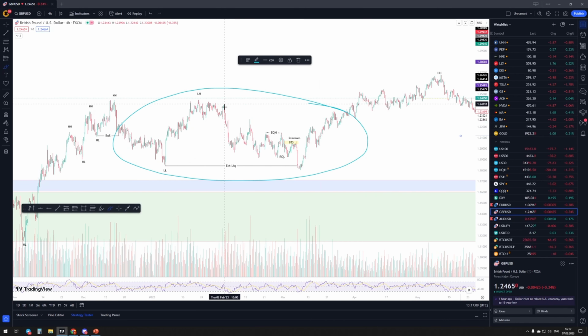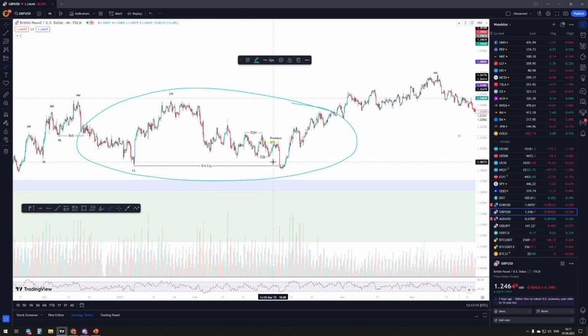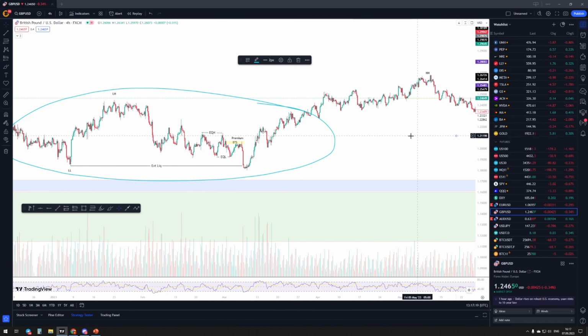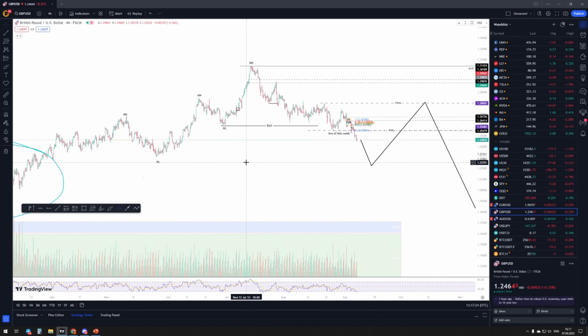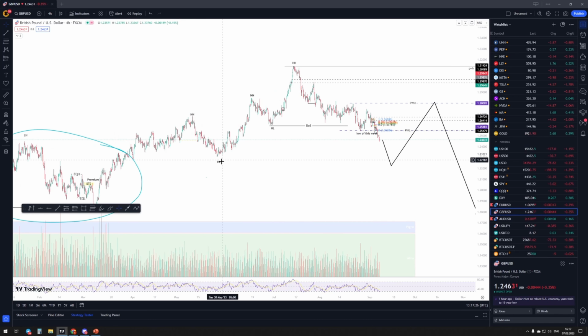So this is a perfect example of it, and also this is exactly the example that I showed you in the presentation. But then we had normal market structure, and we had this higher high, higher low, higher high, higher low, higher high, and then we had this break of market structure on this specific higher low.